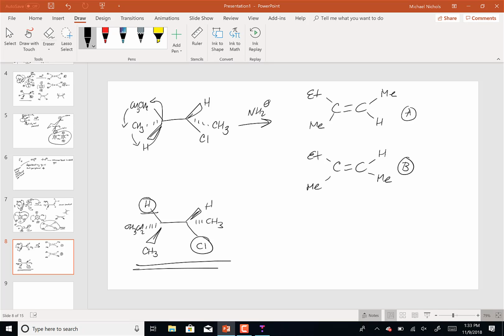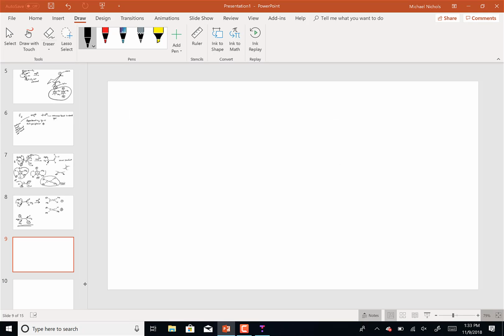My plan for Monday, I have lots of plans for Monday, but one of them is that I'll have some problems when you come in, these bell ringer problems, and then you can go through a couple of them. So I may give you another molecule like this, except I'm not going to put the beta hydrogen on the position in the screen.